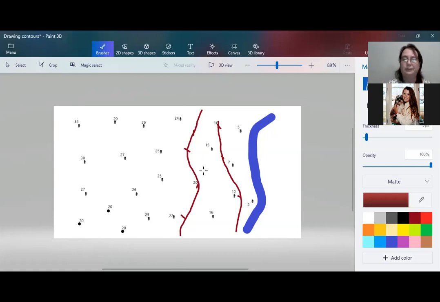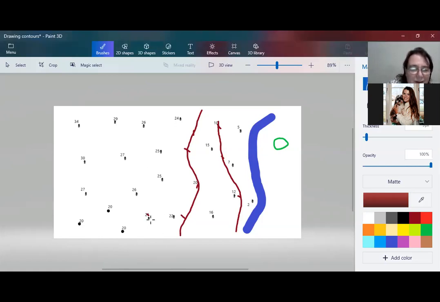Now, if it's a really small hill, so just over here, for example, if you've got a small one like that compared to these over here, that's a very small hill and the contour line can connect. But someplace like this, they're not going to connect. So let's do 25 just because I got a little 25 crazy here.